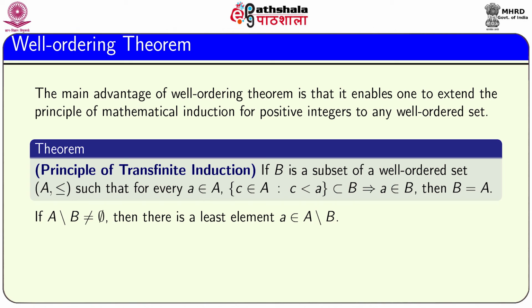We point out the main advantage of the well ordering theorem now: it enables us to extend the principle of mathematical induction for positive integers to any well ordered set.